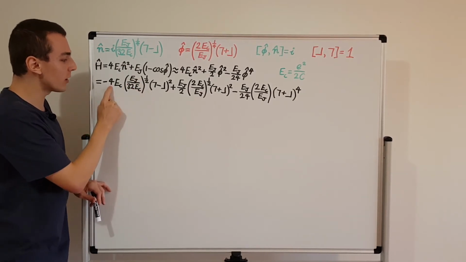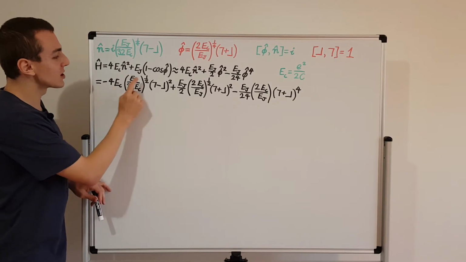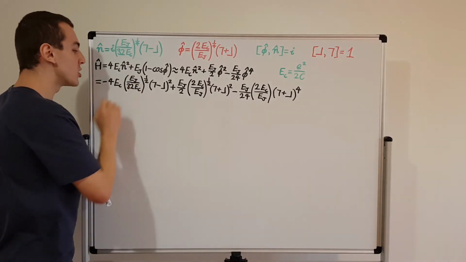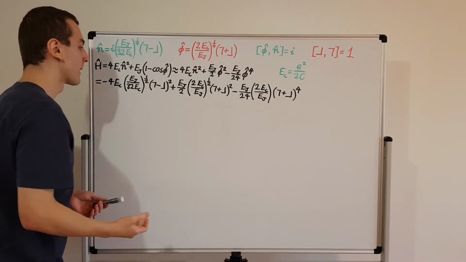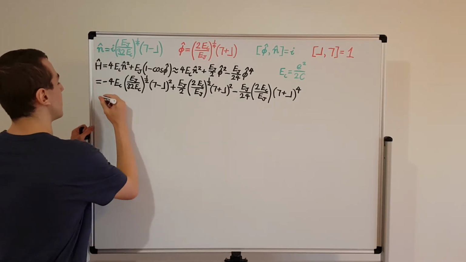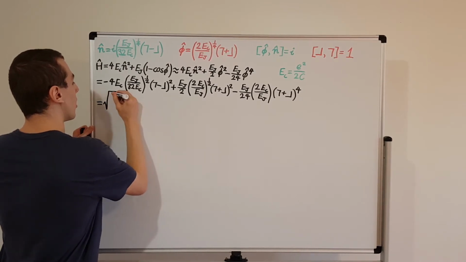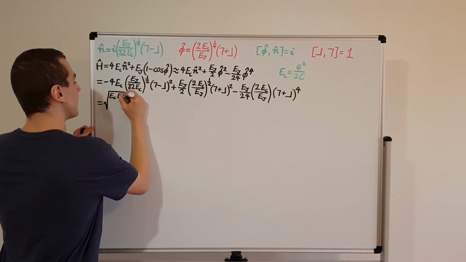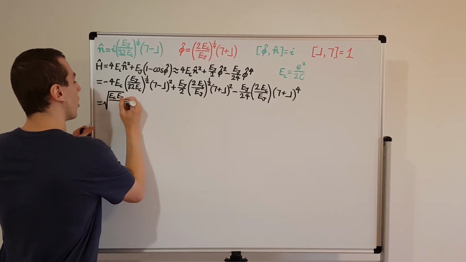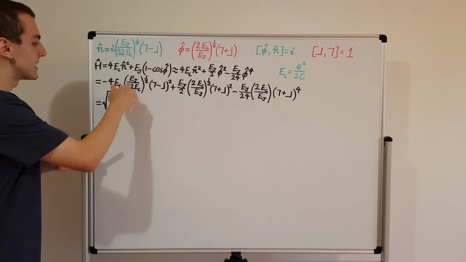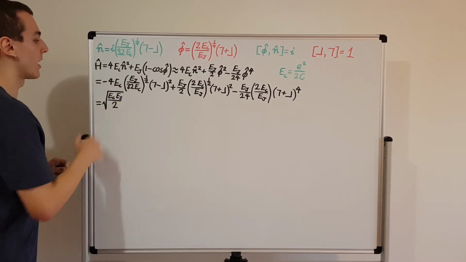And if we bring this 4 inside, that 4 is going to get squared, and it's going to become 16. So then we're going to have 16 on 32, which is 1/2. So that's actually going to give us this coefficient out the front. We're going to have the square root of EC EJ over 2. So this 4 becomes a 16, then 16 on 32 is a factor of 1/2.